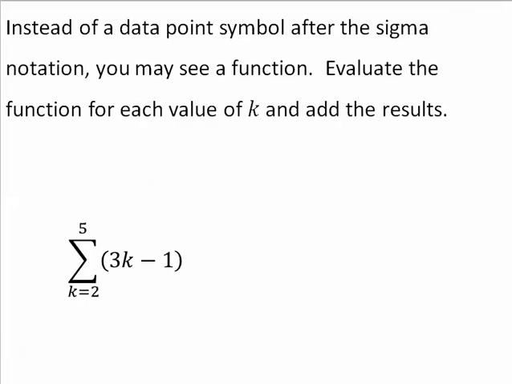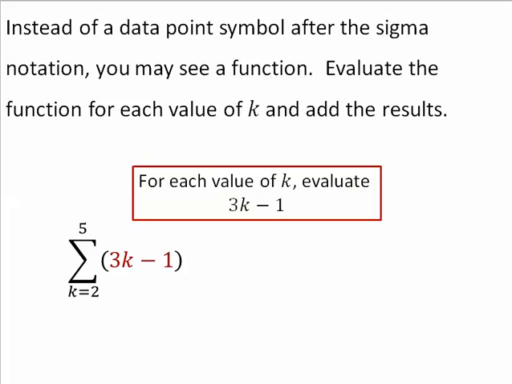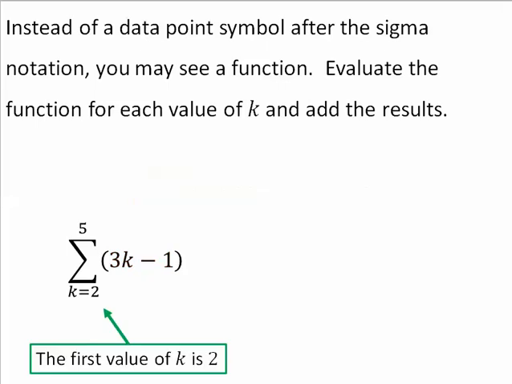Instead of a data point symbol after the sigma notation, you may see a function. Evaluate the function for each value of k and add the results. For each value of k, we're going to evaluate 3k minus 1. K is going to start at 2.